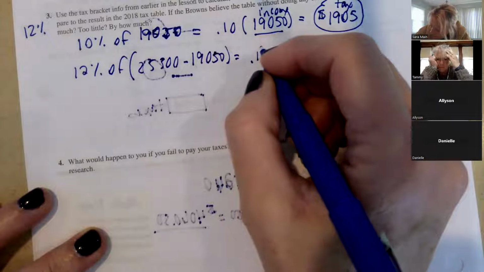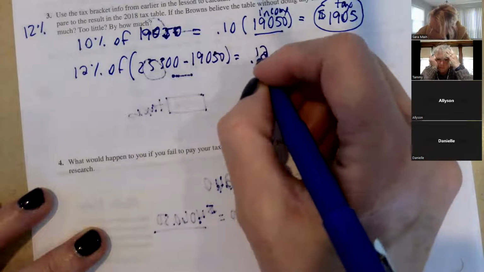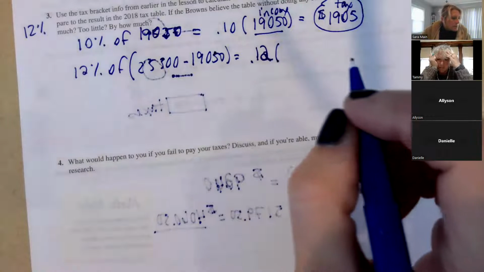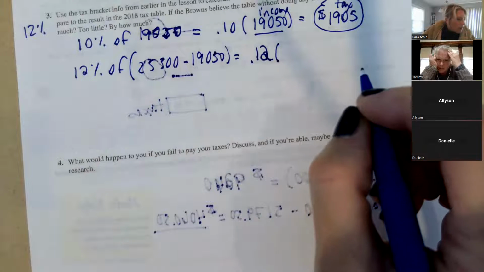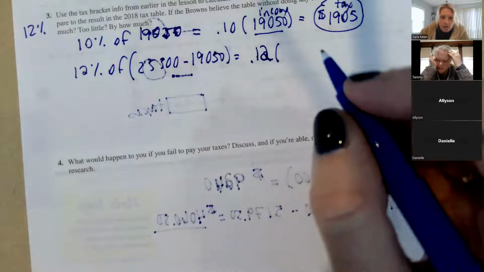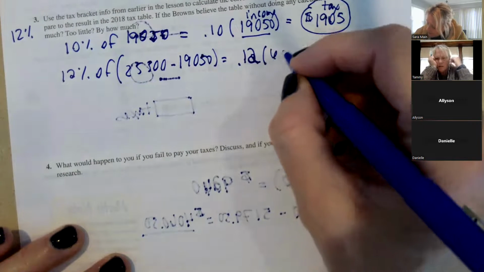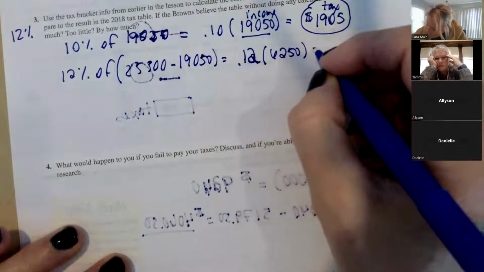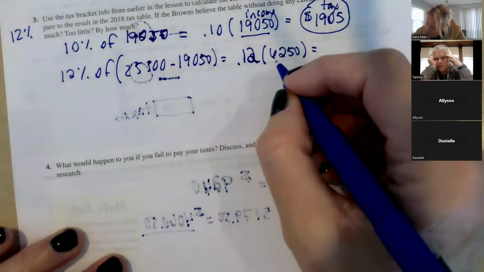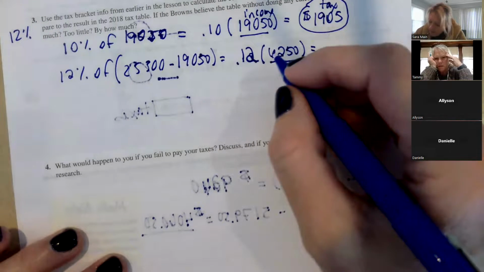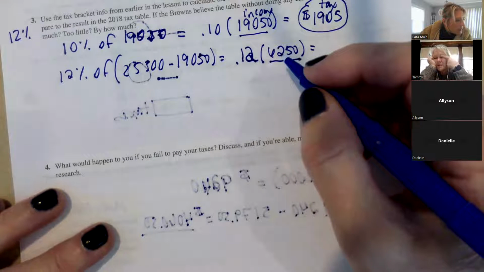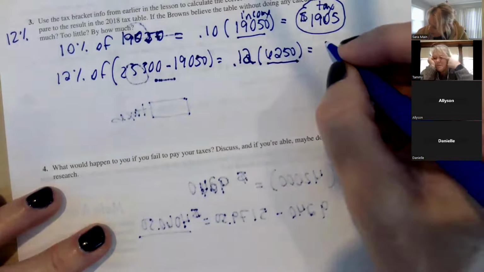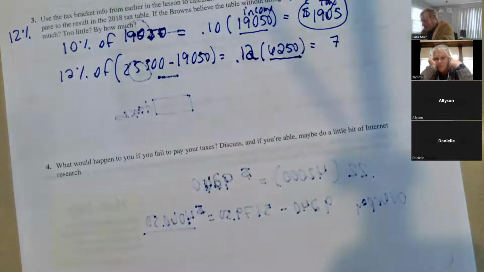So that's 0.12 times 6,250. Thank you, 6,250. Yes. So that's the other part of her income. And that comes out to be 750, I believe. Yes, ma'am. $750.